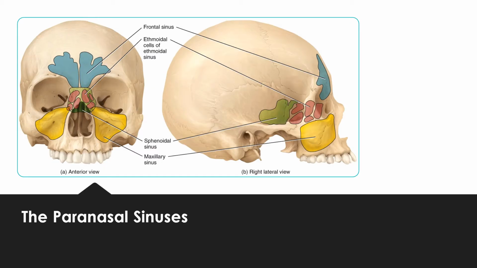Paranasal sinuses are very small or even absent at birth, but they increase in size during two periods of facial enlargement. So the first one would be during the eruption of teeth. And the second at the onset of puberty.